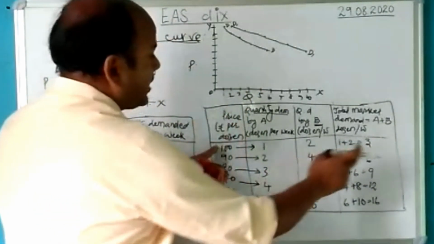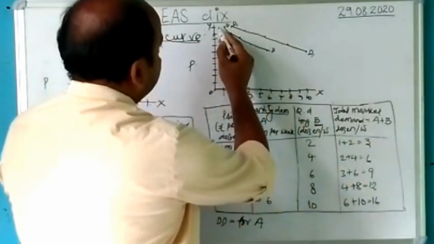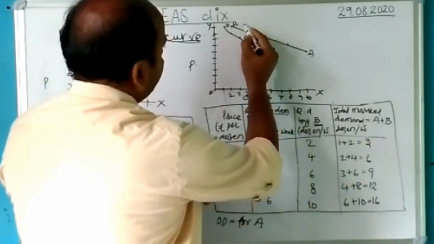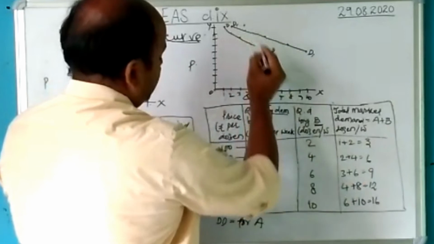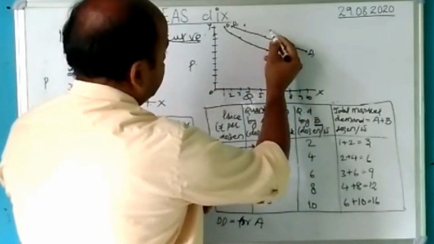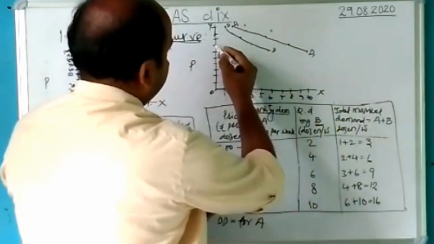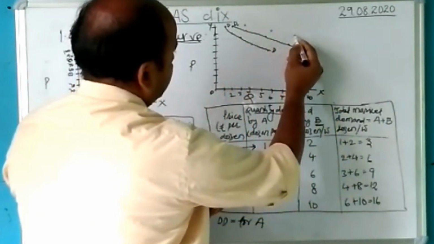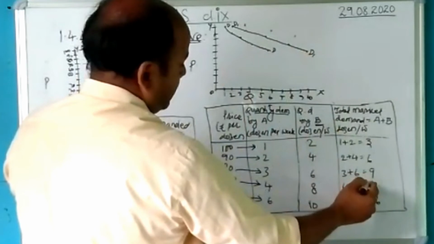Let us draw the market demand schedule at 103, then 96, then 89, then 70, 12.